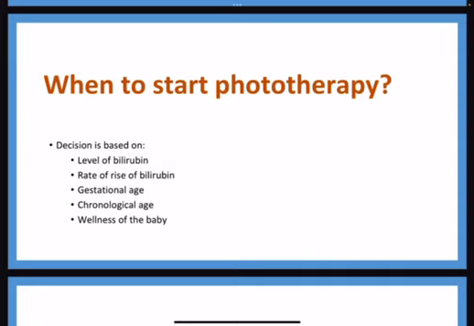The threshold at which the baby needs phototherapy increases with age. A newly born baby will need phototherapy if the bilirubin is 5, but if you bring a baby who is 5 days old and the bilirubin is 5, he won't need phototherapy or exchange. So the same level is treated differently depending on the age. The main limiting factor is the age of the baby.